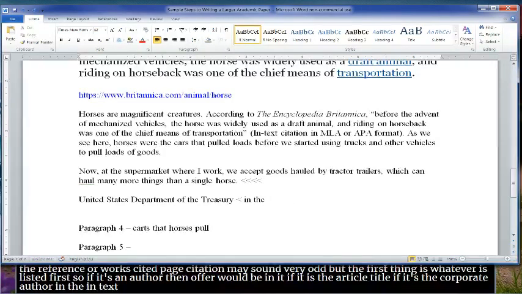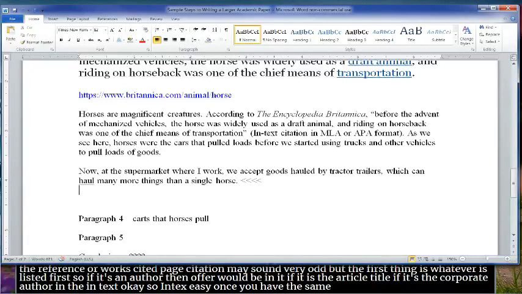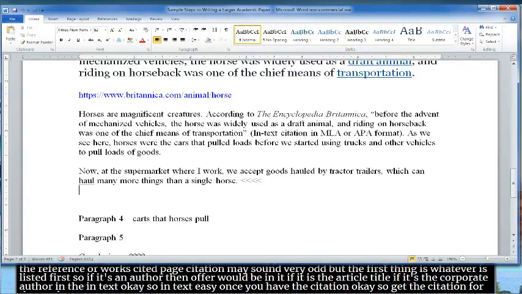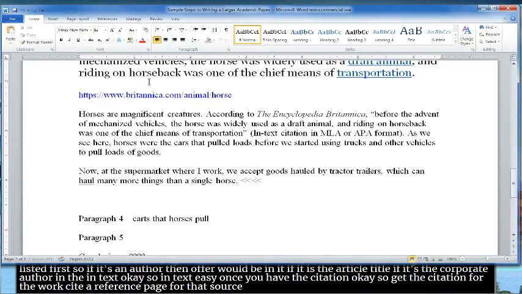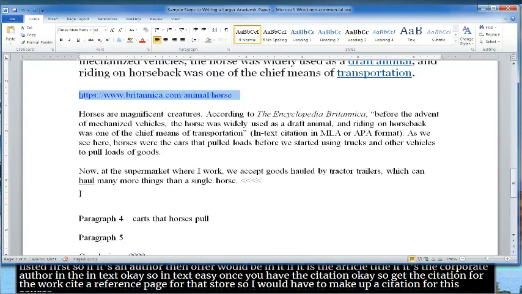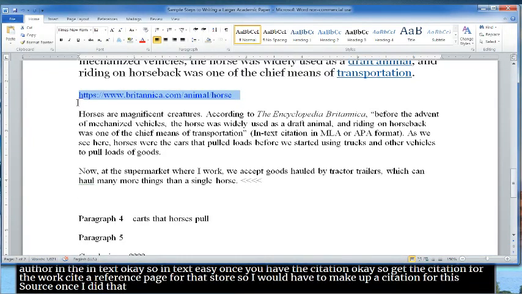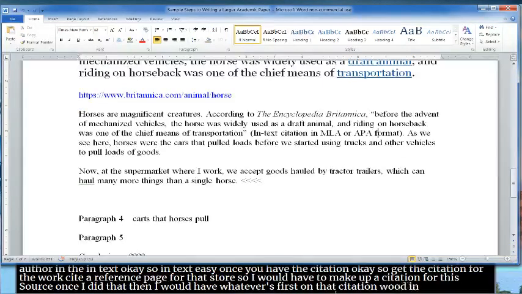Okay. So in-text citations are easy once you have the citation. So get the citation for the works cited or reference page for that source. So I would have to make up a citation for this source. Once I did that, then I would have whatever's first on that citation end up being in my in-text.